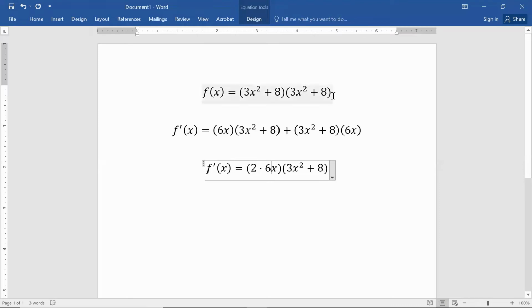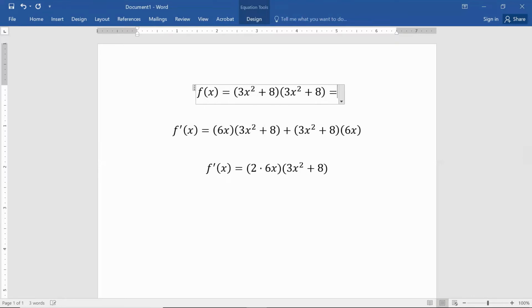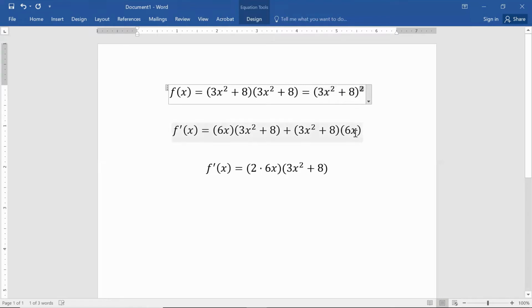You'll notice that this 6x is the derivative of one of my expressions, or both of my expressions. And you'll also notice that 3x squared plus 8 squared was really my original function. So notice that I have an expression inside of a mathematical operation of squaring.